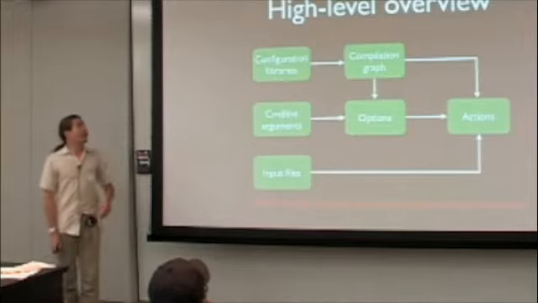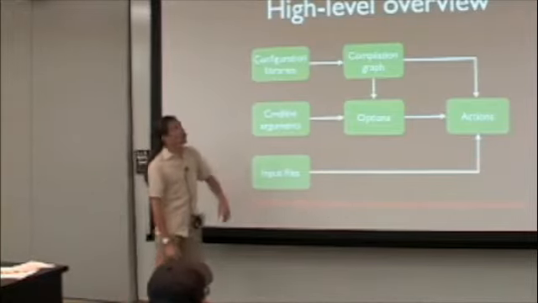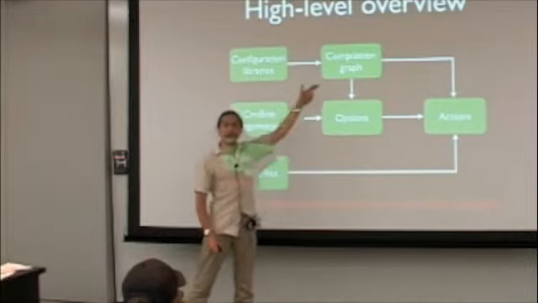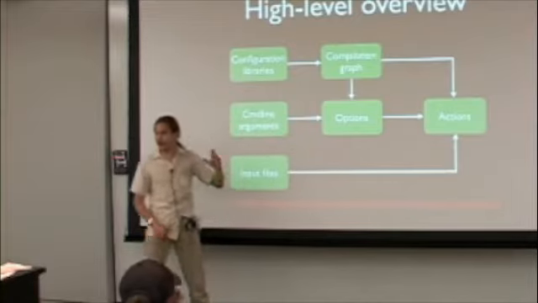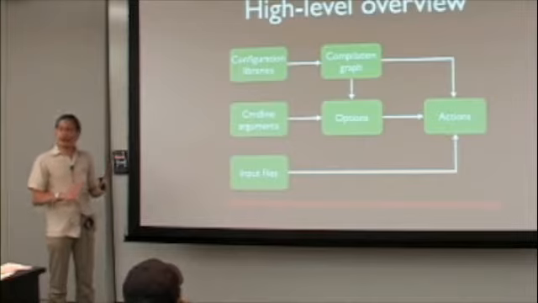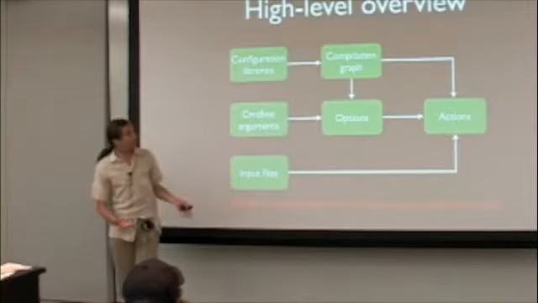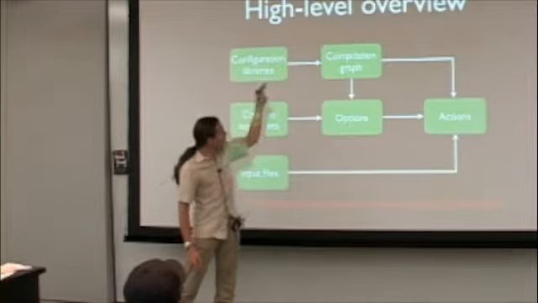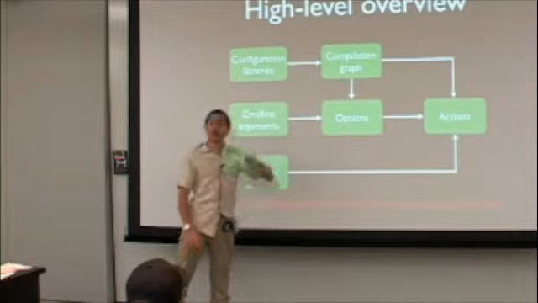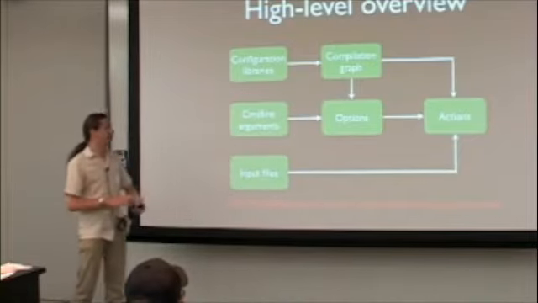This is a high-level overview of the compiler driver itself. First of all, we have a set of configuration libraries which are used to populate the compilation graph. The configuration libraries actually define the different ways how the set of input files are compiled. So from this set, the compilation graph is built. Then from the compilation graph, the set of possible supported options is extracted.